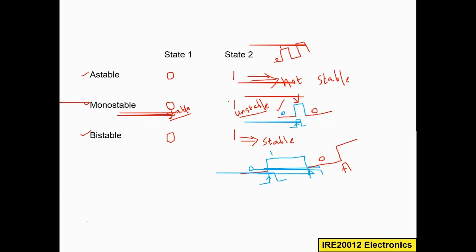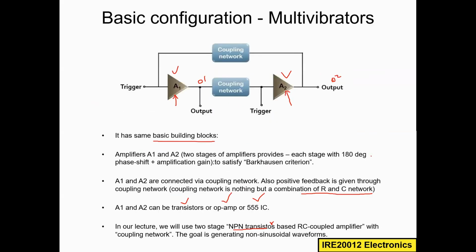Temporarily, it will stay in this state for a while, and then it will jump back, or return, to the stable state again. So you need only one trigger signal to change from stable to unstable, and then it will automatically come from unstable to stable by itself. The goal is, of course, to generate non-sinusoidal waveforms.